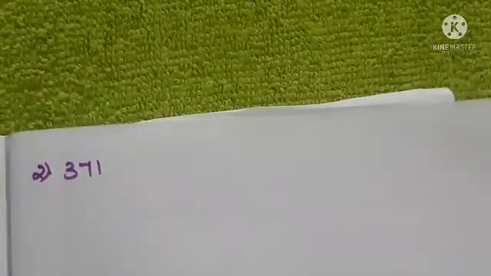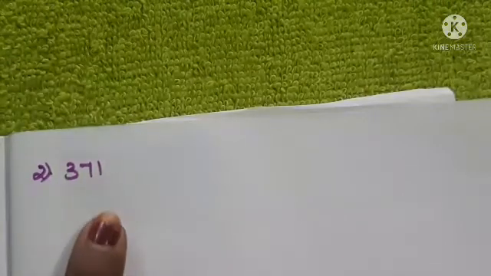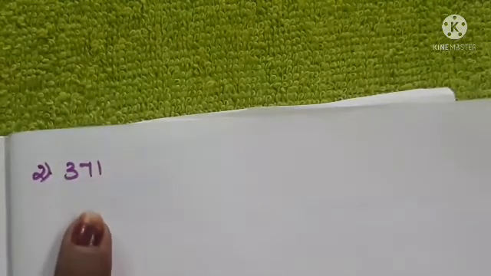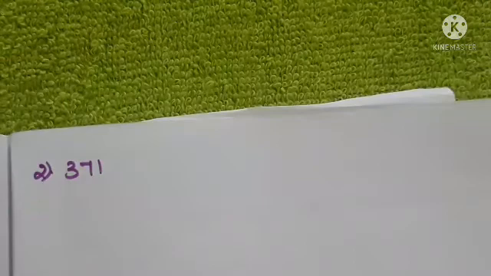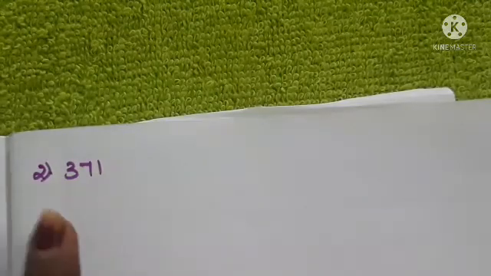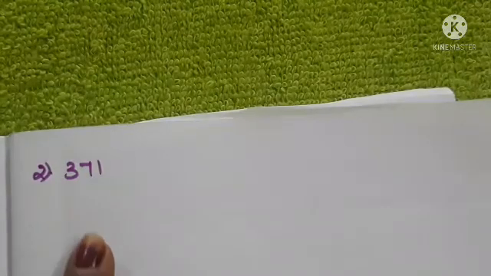Our second question is 371. Here also we have to round off the given number to the nearest 10. We have to find the nearest 10's value of 371. So what do we have to do? We have to draw the number line.